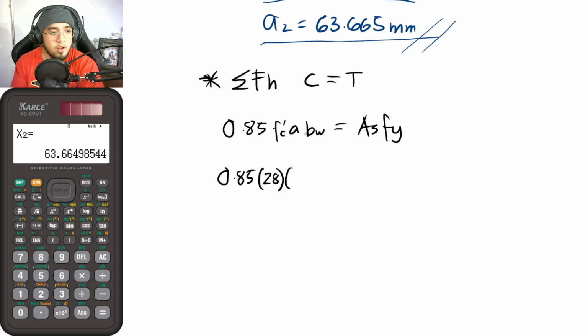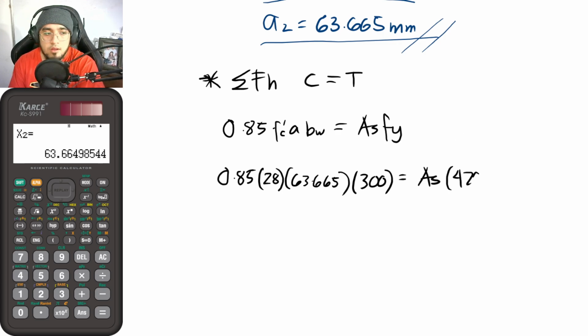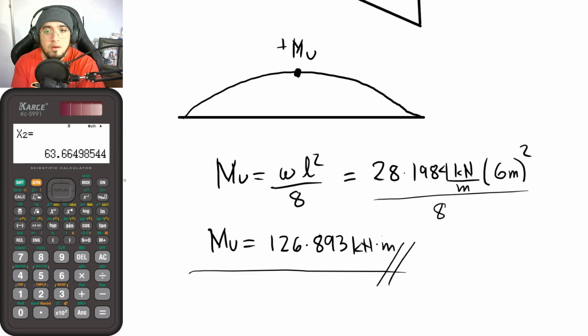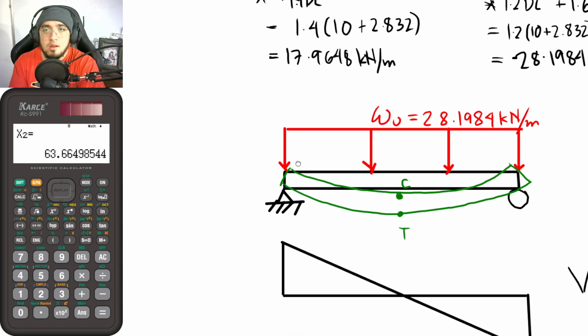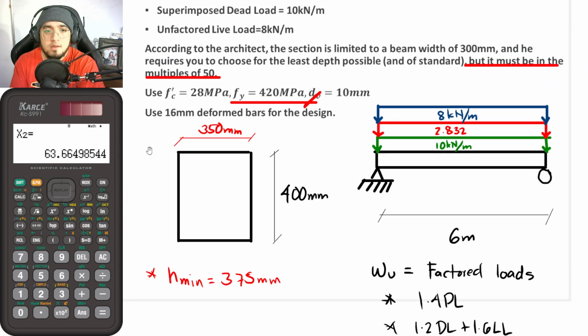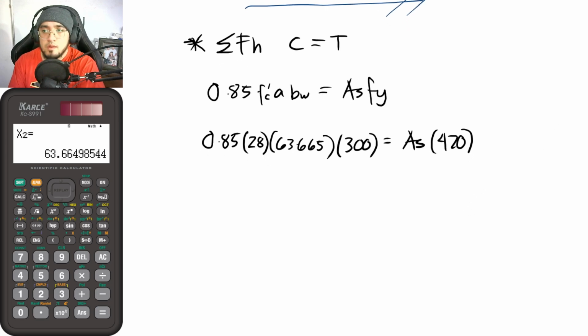And for the value of A, that is now equal to 63.665, as you can see, that is what we have solved for earlier, times BW of 300. So this is now equal to AS times Fy of 420. Okay, so was it really 420? So is it 420? Yes, it is 420. Okay, anyway, so with that, guys, solving for AS, this is now equal to.